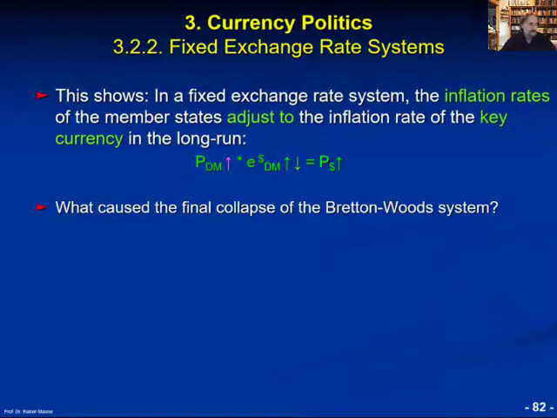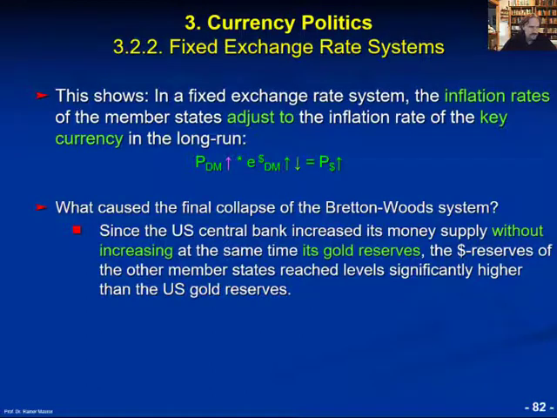What did now finally cause the collapse of the Bretton Woods system? Well, since the United States Central Bank increased its money supply without increasing at the same time its gold reserves, the dollar reserves of the other member states reached levels significantly higher than the United States gold reserves.